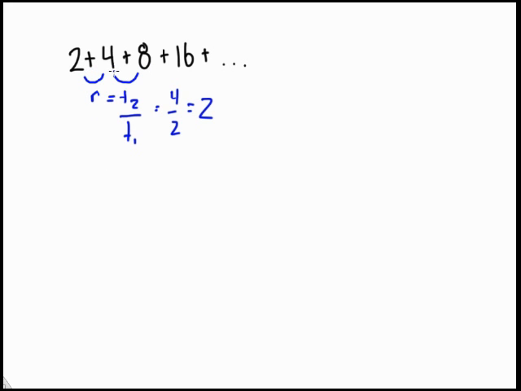So this is geometric because the common ratio between every pair of terms is 2. The next one would be 32, because 16 times 2 is 32. And this can go on forever: 64, 128, and so on, all the way to infinity.